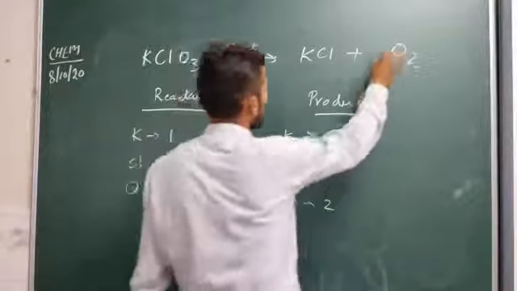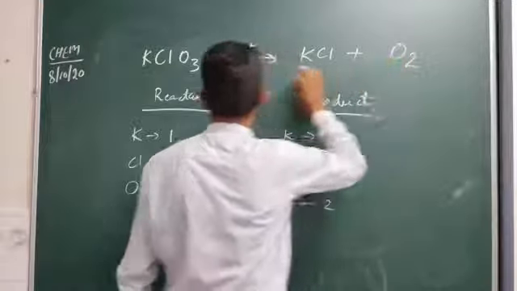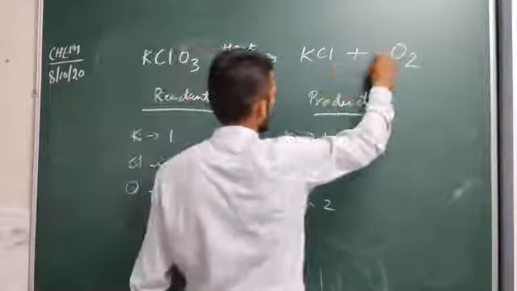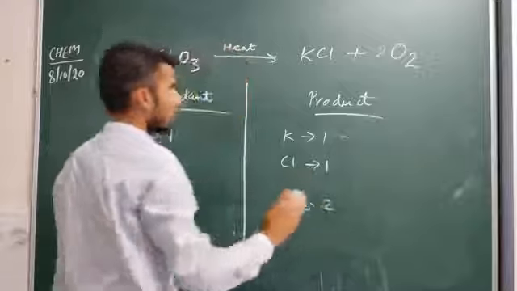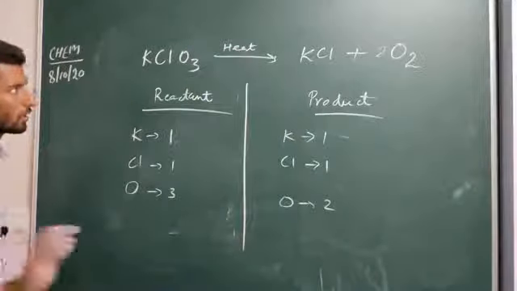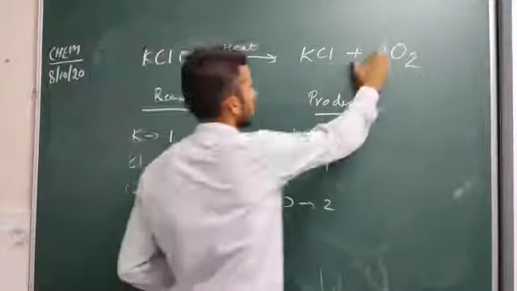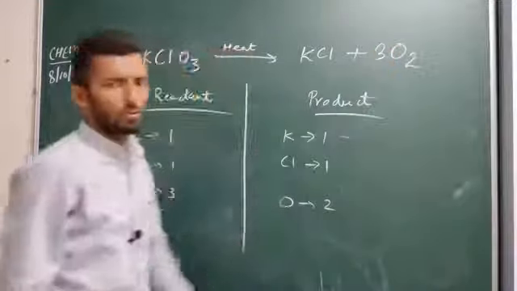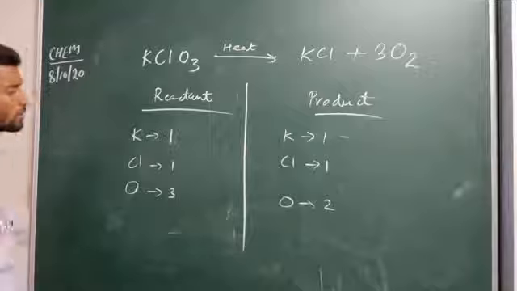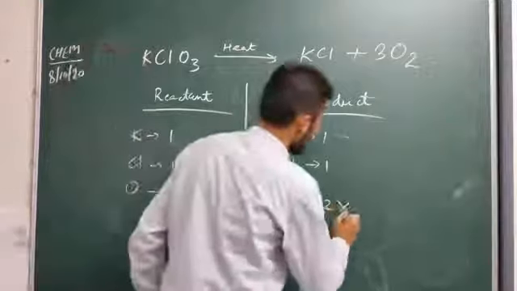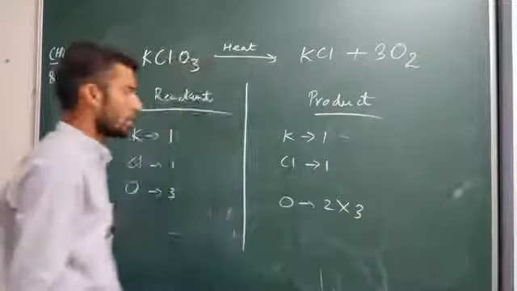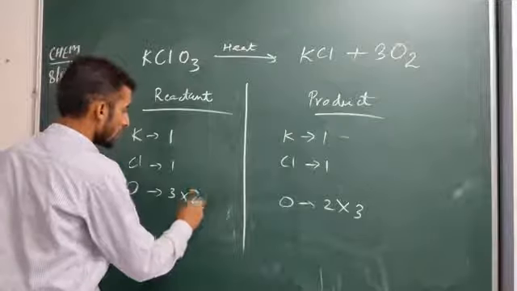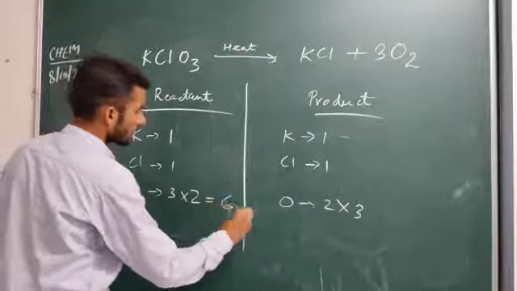If you write 2 here, then 2 into 2 becomes 4, and on this side it is 3. It will not be balanced. If you write 3 here, then 3 into 2 is 6. If 3 is multiplied on one side and 2 on the other, it becomes 6 and 6.